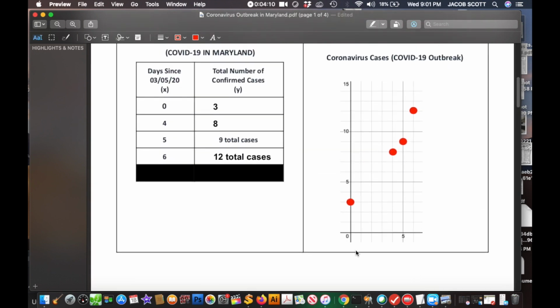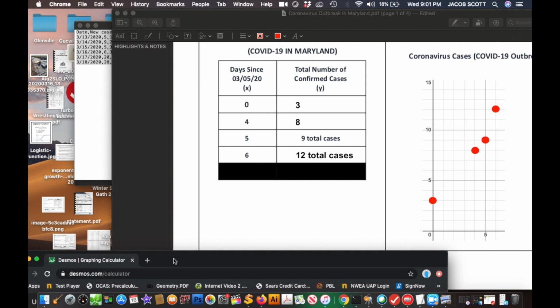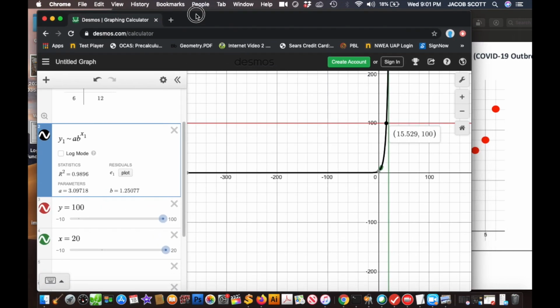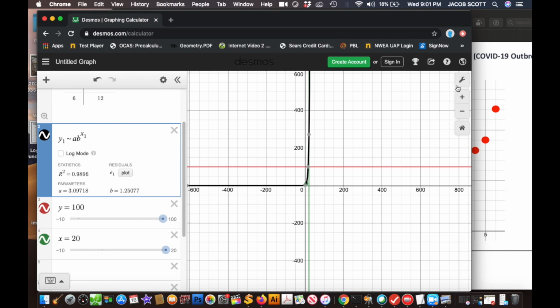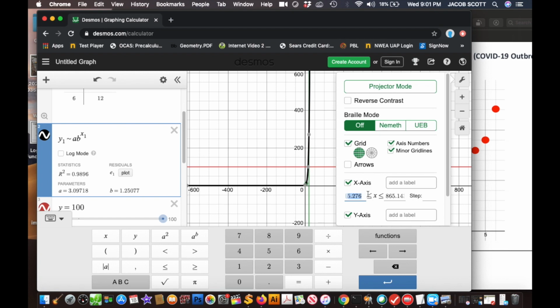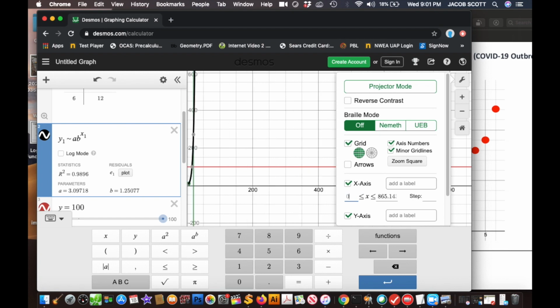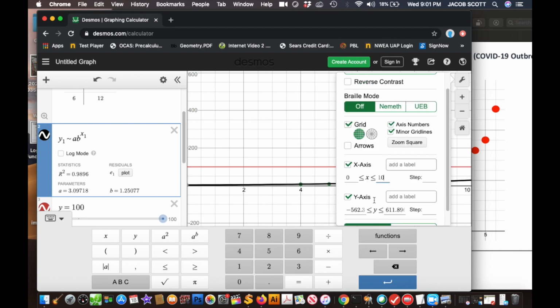And you were to go to decimals. Here we have decimals, those same points. I can change my window. I'm going to go from 0 over to 10. And I'm going to go for my Y information.